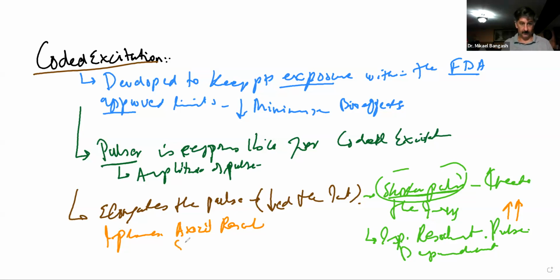It also improves your spatial resolution. We said in this chapter that spatial resolution was pixel dependent, but a pixel is made up of pulses, so greater pulse density will improve your pixel density, and that way it improves your spatial resolution.